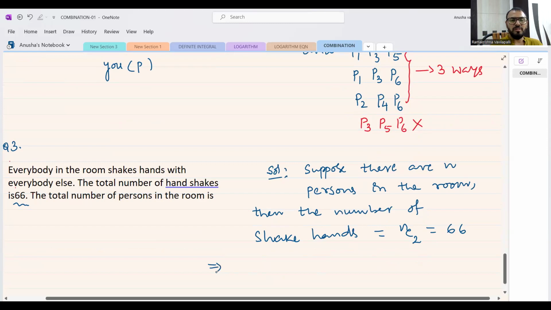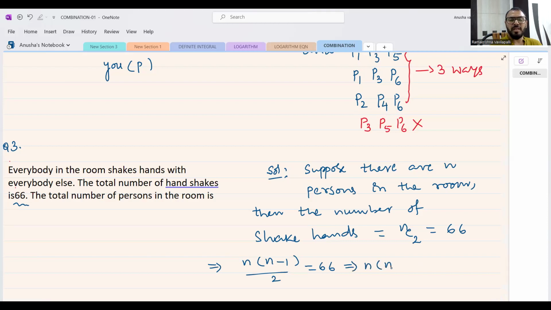So nC2 is nothing but n into n minus 1 by 2 equal to 66, which implies n into n minus 1 equals 66 into 2.